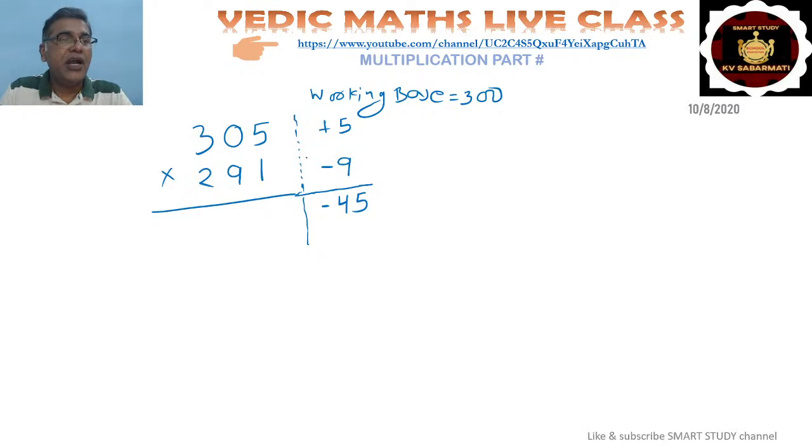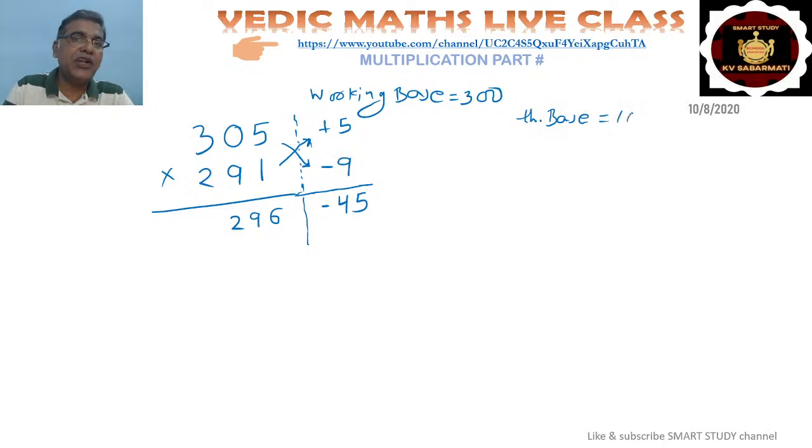Either side you can check, whichever side is easier, you do that. So 291 plus 5 will be 296. This is easier for me, so I am writing 296. But here I am following the rule of 100.